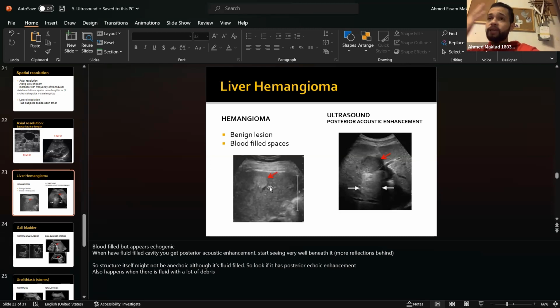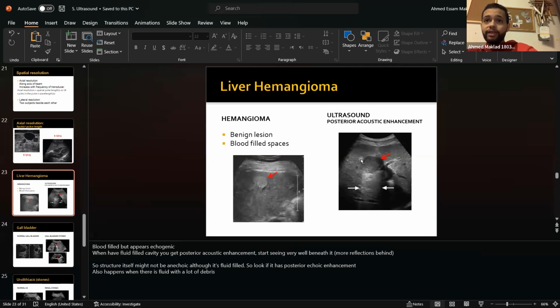No. A posterior acoustic enhancement is if you have a fluid, or if you have an abscess, for example, that is filled with fluid. When the sound goes through it on this side, it's going to come out on the other side brighter. So you're going to have a shadow that is brighter than the one that was sent. If you look right here, you can see that behind it, it got brighter.